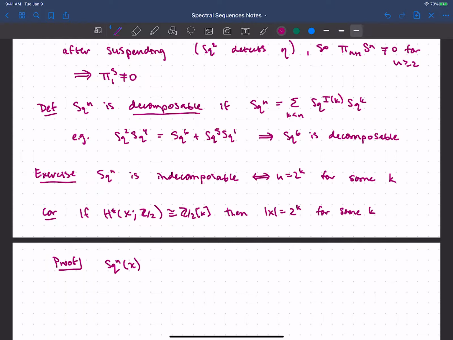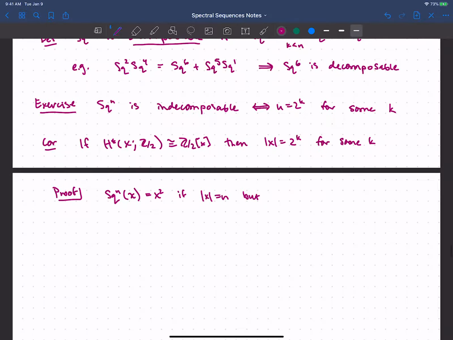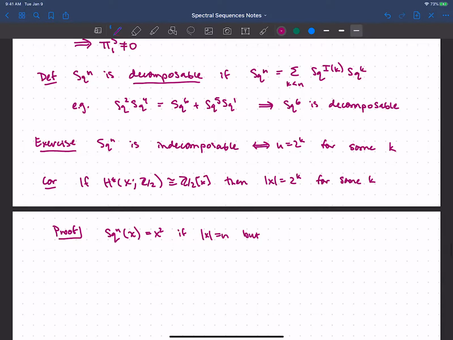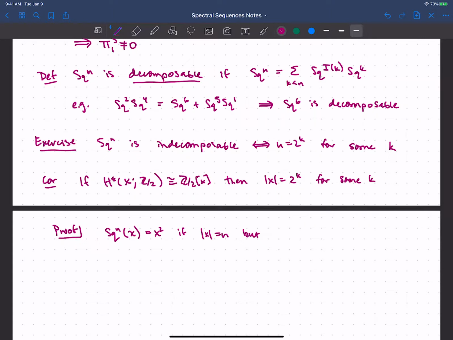Sq n of x had better be x squared if x is in degree n. Right? That's one of our properties of the squares. But if n is decomposable, then I should split it up into a bunch of compositions of smaller squares, right? And all the lower squares are 0.